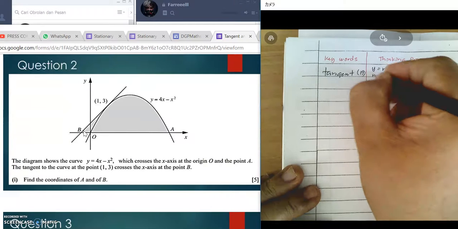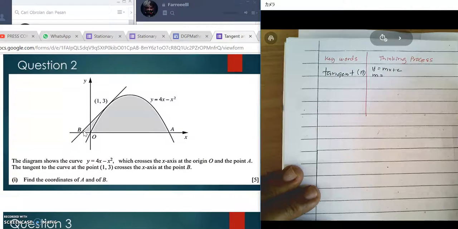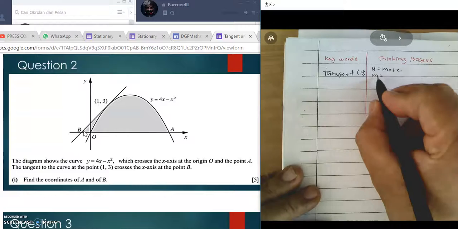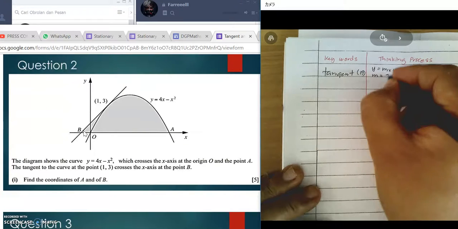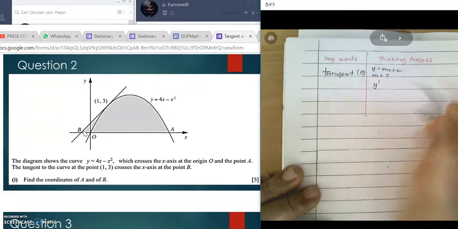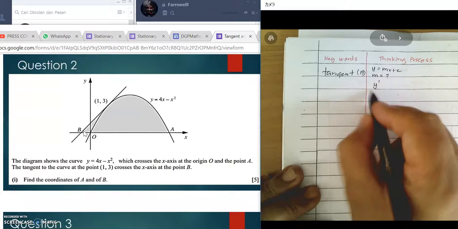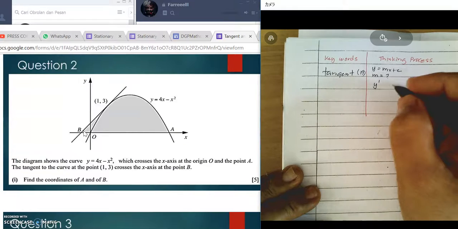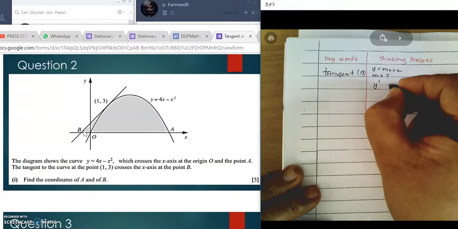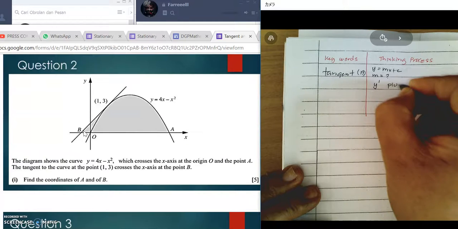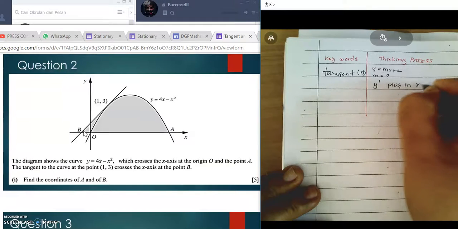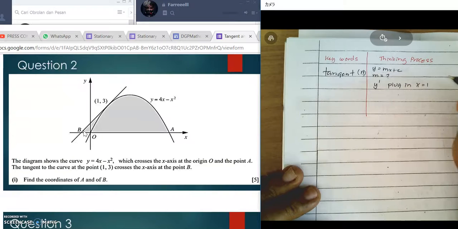The first step is for us to find the m, or the gradient, and how to find that m is to get the derivative. After taking the derivative, you need to plug in x equals 1 because it says it passes through the point (1, 3).